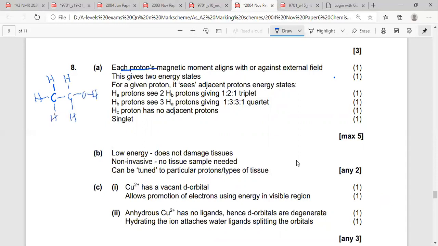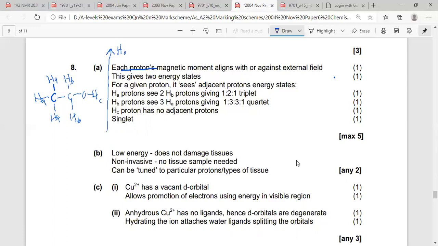Now, each proton magnetic field, that means each of them here, Ha, Hb and this Hc. Each type of proton, and every proton here, its magnetic moment can align with, let's say, this external field, B0.